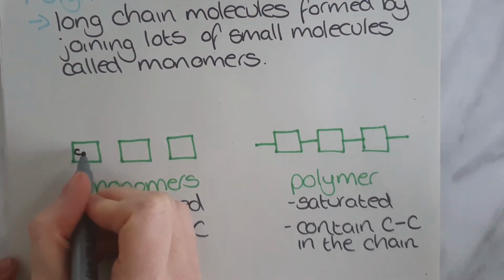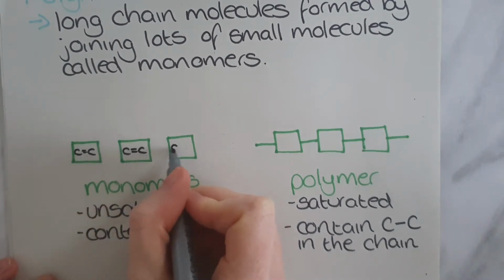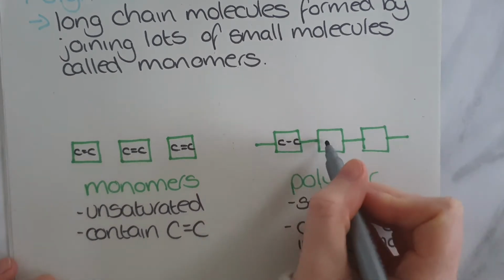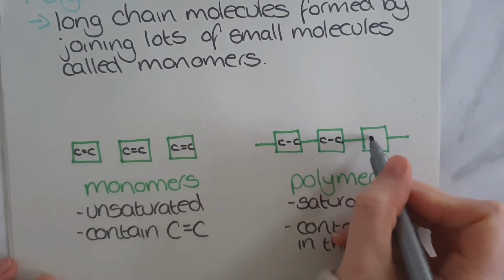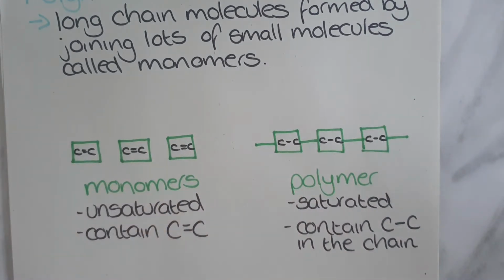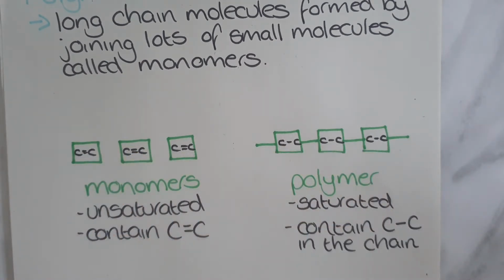So if this was carbons instead of just boxes, you'd be looking for this kind of format here. Obviously this isn't an exact molecule because there's no hydrogens or other atoms making the carbon stable, but just to compare the difference between the two.